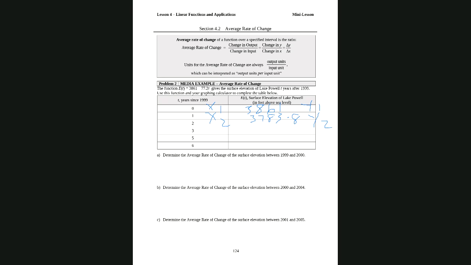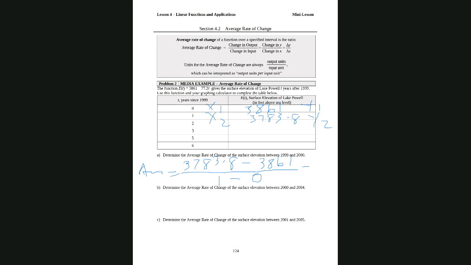So from the formula I just wrote, y2 minus y1, I'm going to have 3783.8 minus 3861, all over x2 minus x1, which is 1 minus 0, which equals the average rate of change.